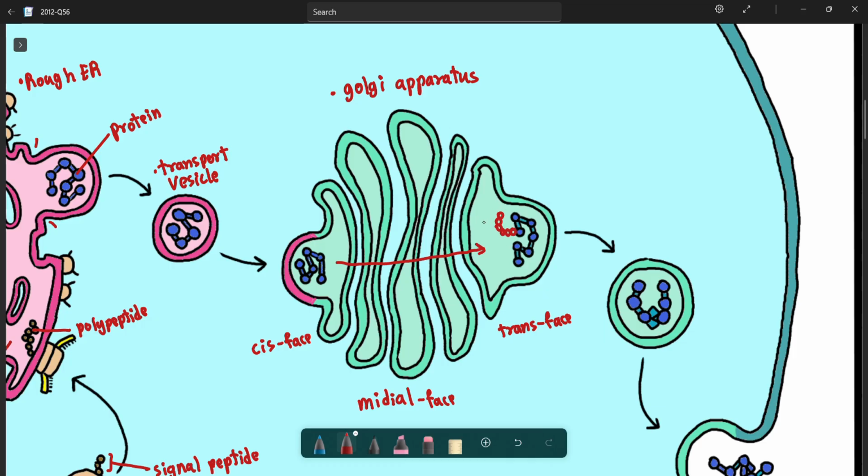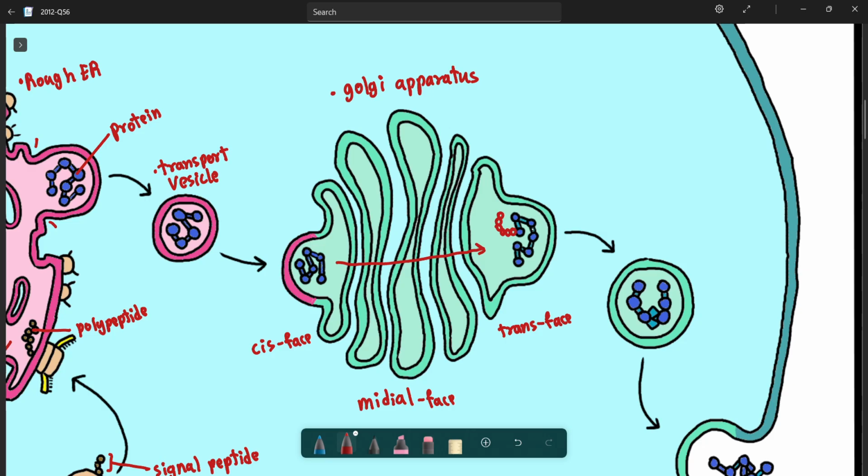The Golgi apparatus adds a sugar chain to the protein to form a glycoprotein.